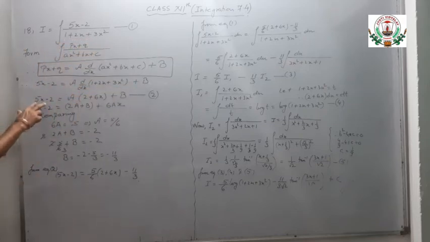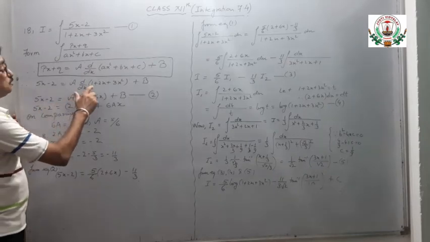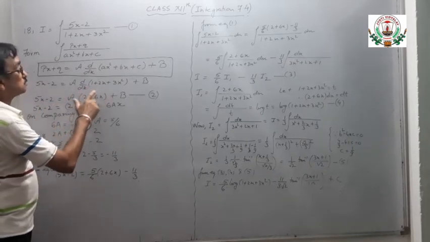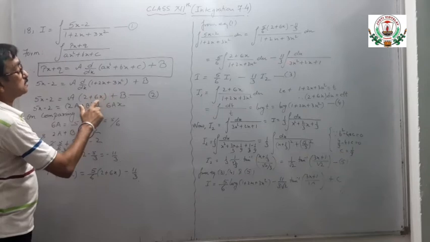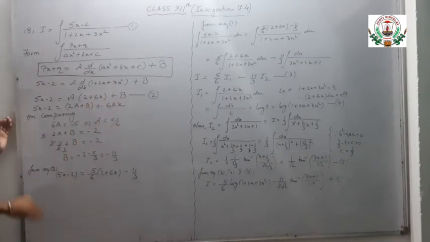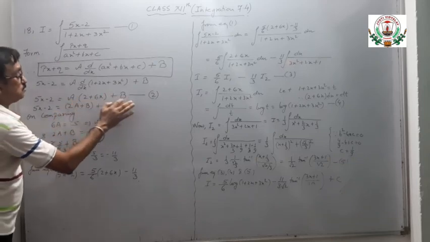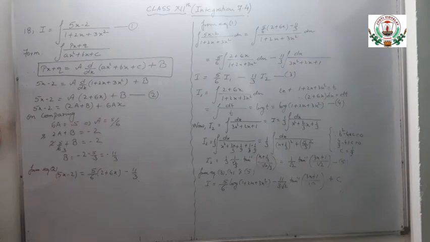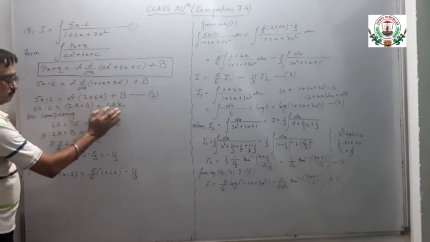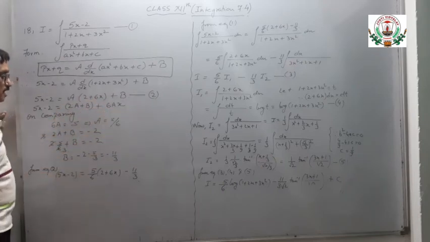Now 5x minus 2 equals to a into differentiate: 1 gives 0, 2x gives 2, 3x square gives 6x, plus b. Now you open this bracket, 2a constant plus b, keep it in one bracket and keep the x term separate, 6ax.